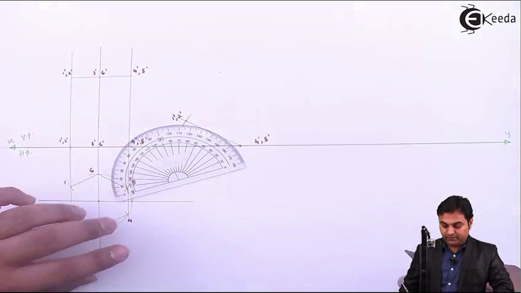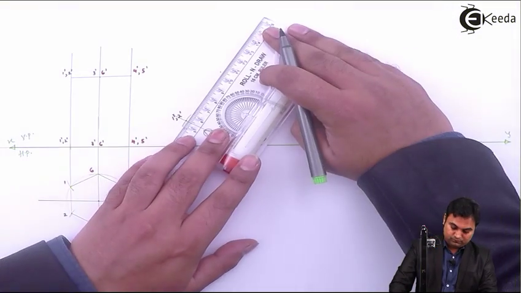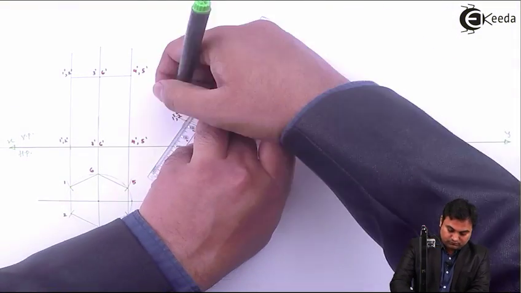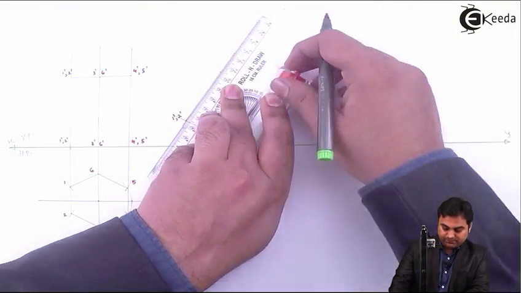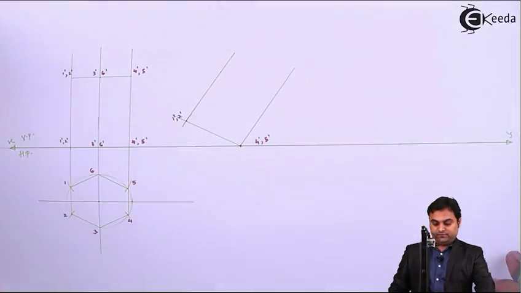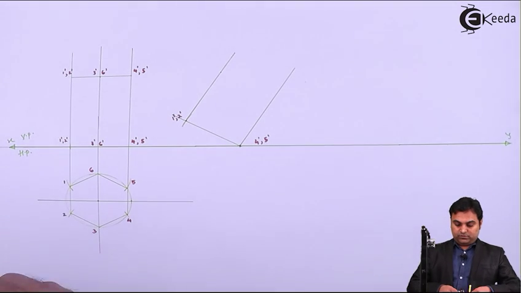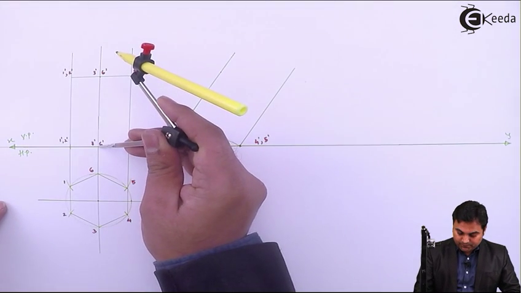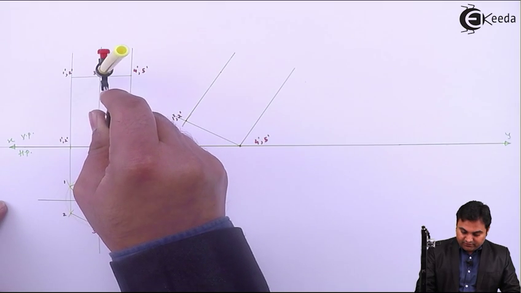Drawing a 90-degree line through it, projecting it light, measuring this height as 65.